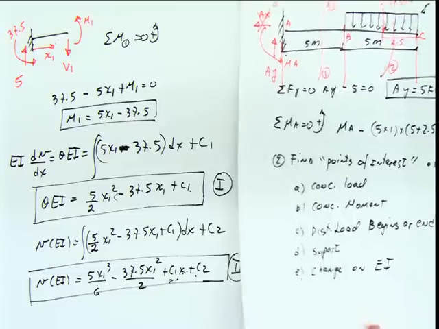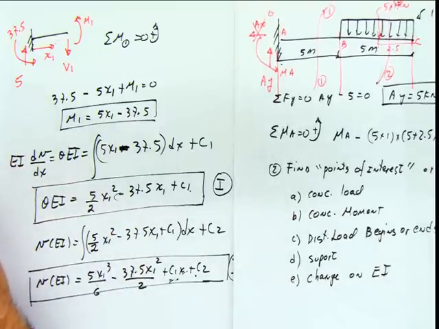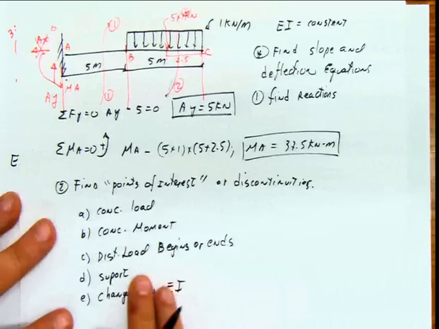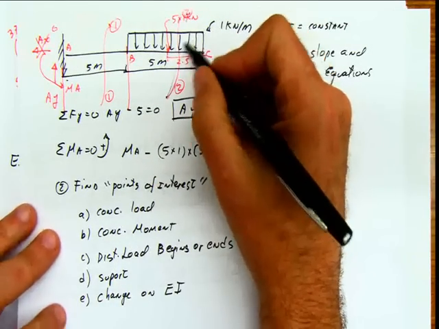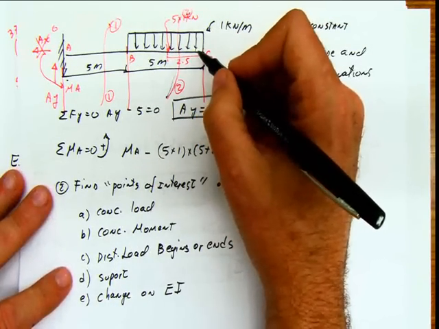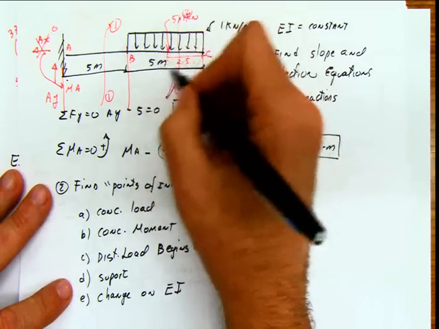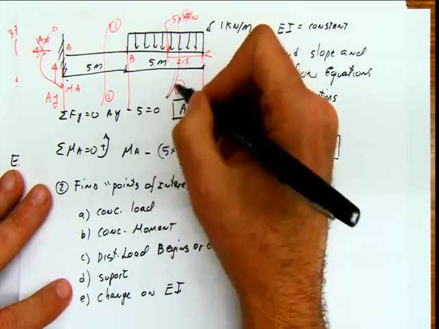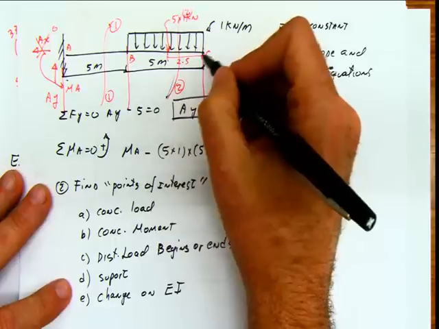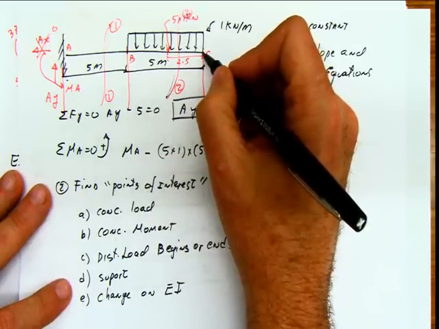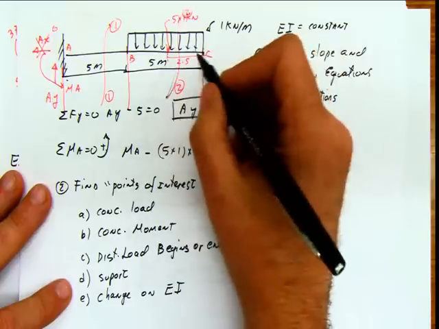Now what can we say about the other two conditions? What can we say about the other end, this part? Well, if I'm analyzing this segment, for the cut 2 that we did, I don't know what the deflection is going to be here because it's free.